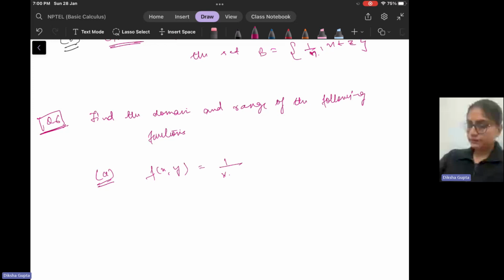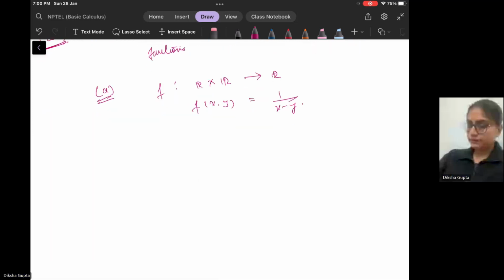So this is a function in R2, or I should rather write it as f from R cross R, meaning this is the tuple (x, y), where f(x, y) is 1 upon x minus y. So you'll have to find the domain and range of this function.